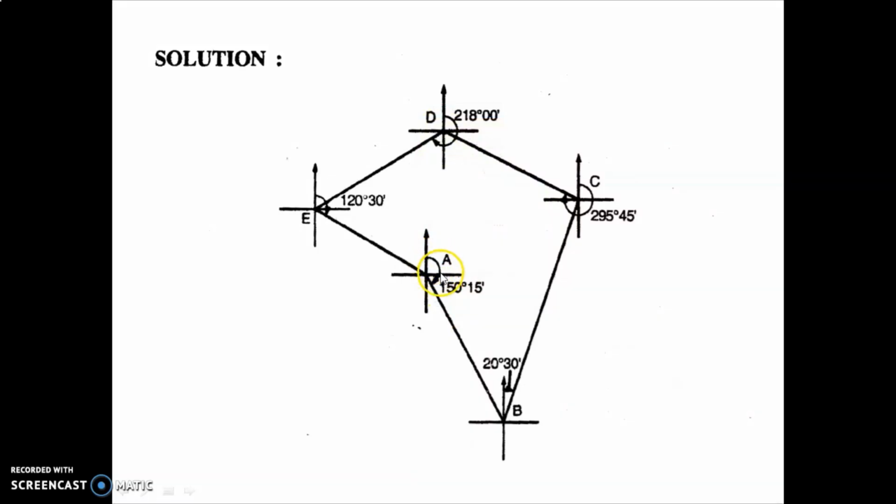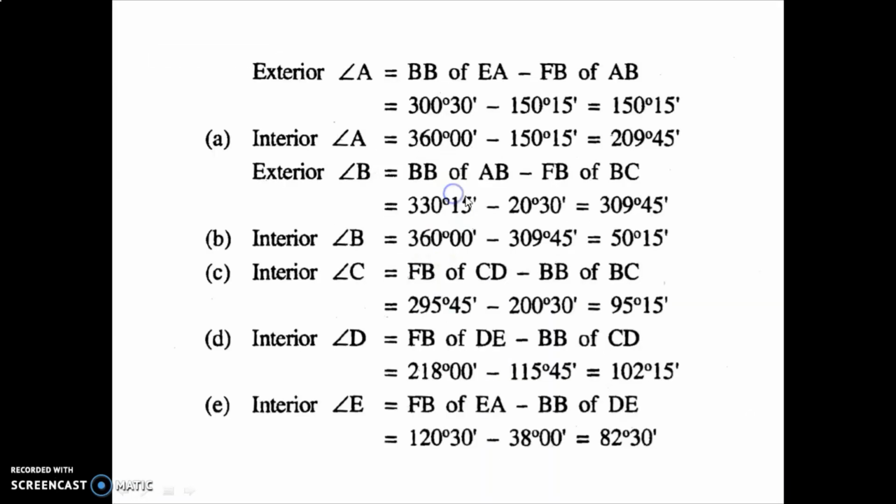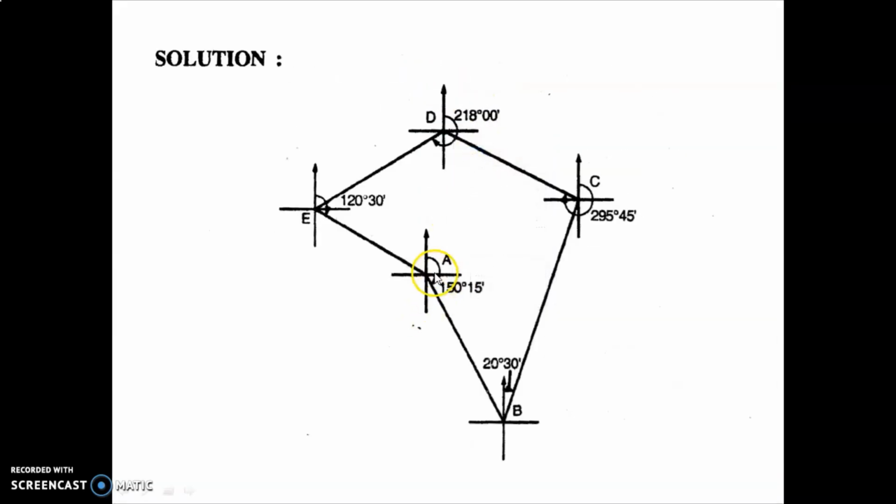To calculate angle A, we require two readings: one is the forebearing and the second is the back bearing. Here I have taken the back bearing of line EA and the forebearing of line AB.